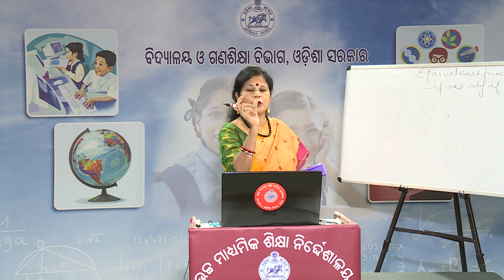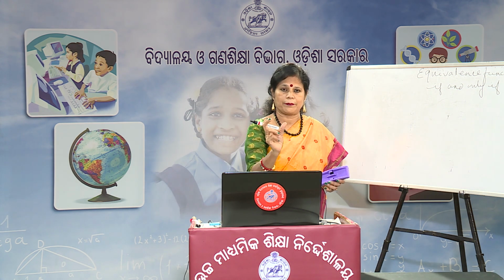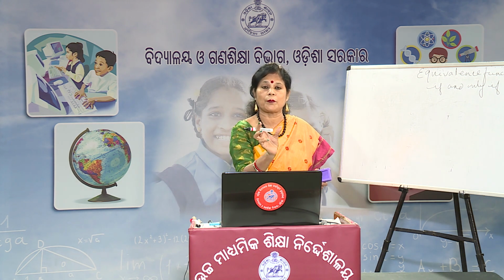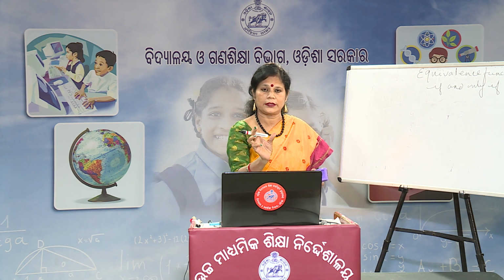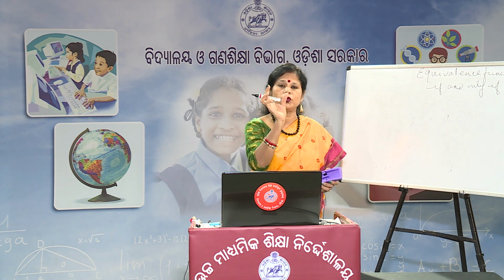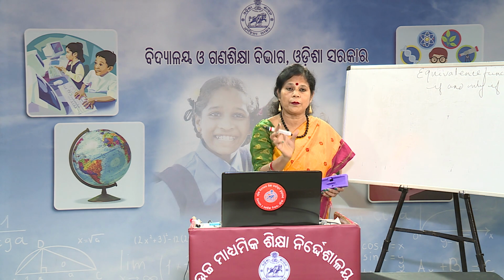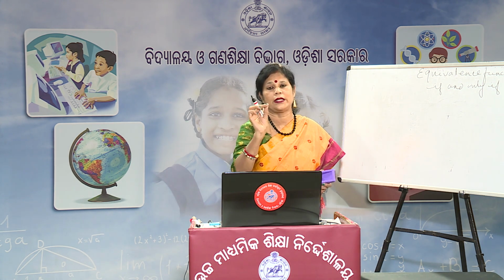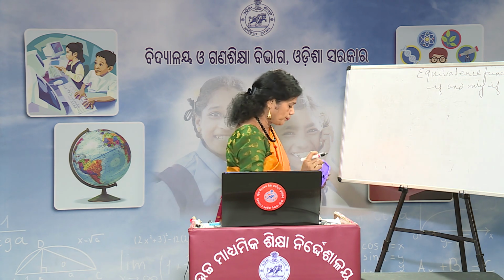If the truth value of both the propositions is same, then the equivalent function is true. When truth value of both the propositions are same, the equivalent function is true.